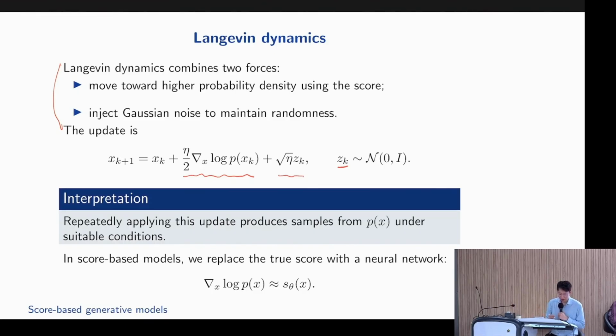So this is the update formula for Langevin dynamics. Given your current location, it's a combination of gradient ascent and adding noise. So you repeatedly apply this update, and it's going to produce samples under density P of x under suitable conditions.